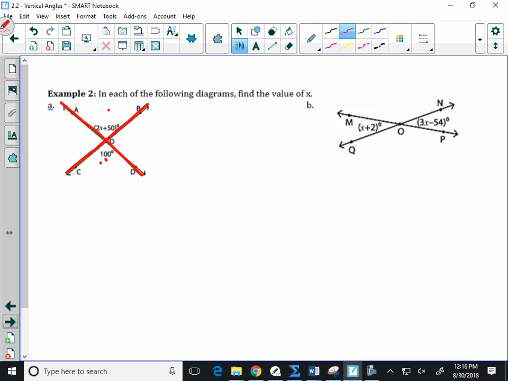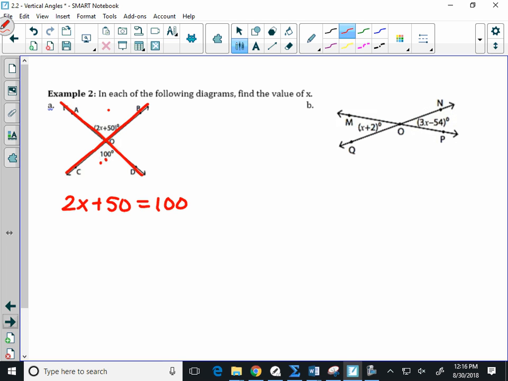They're across from each other. What do you know about their measurements? They're the same. How can we set up the problem? Set them equal to each other. Good. They're the same. We can set them equal to each other.